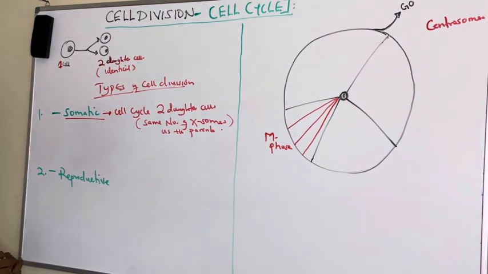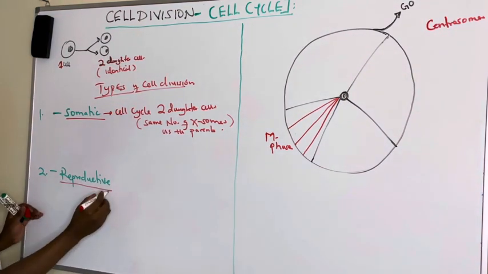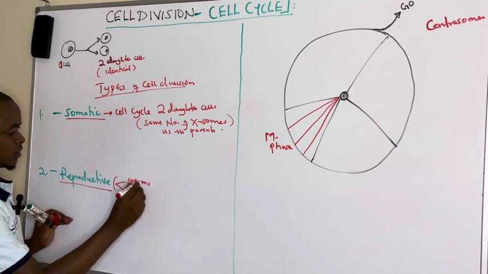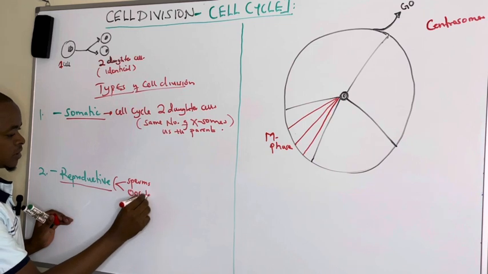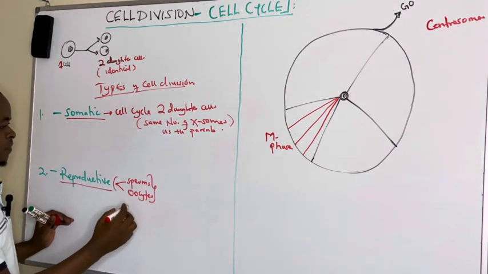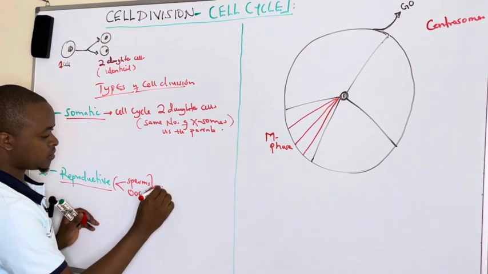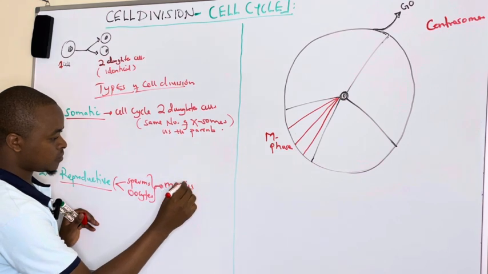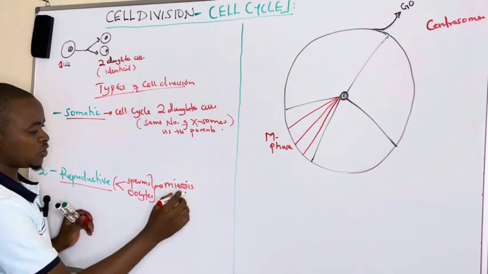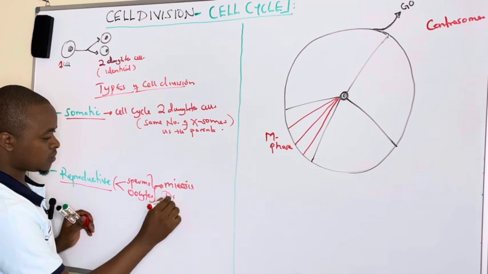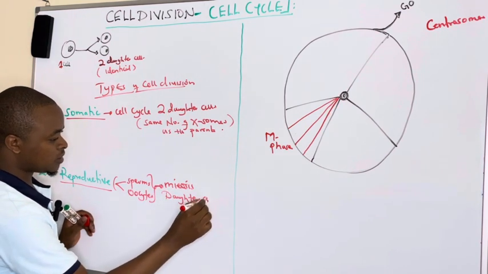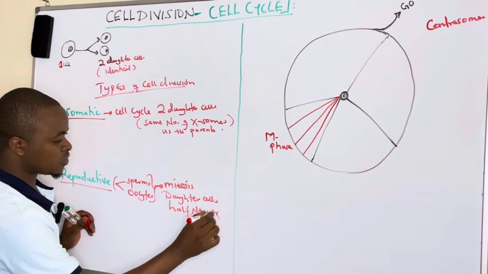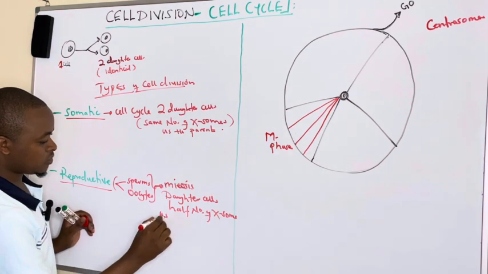That is in somatic. Whereas reproductive cell division occurs in sperms and oocytes. So these are the germ cells, and these germ cells undergo meiosis. After undergoing meiosis, they produce daughter cells which have half the number of chromosomes as the original cell.